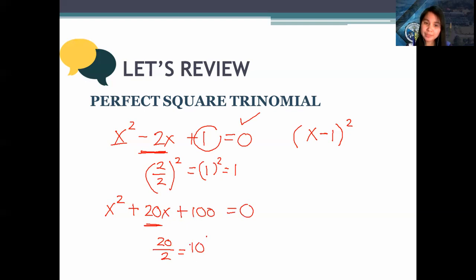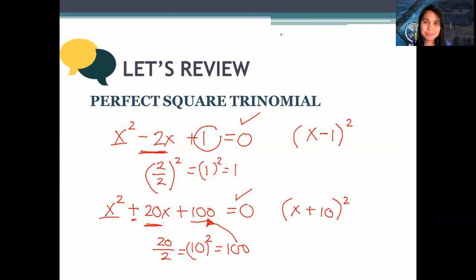You square it. 10 squared is 100. The same with this. Therefore, this is a perfect square trinomial. What are the factors? Square root of x squared is x. Plus, so plus. Square root of 100 is 10. So the factors are x plus 10 to the power of 2.